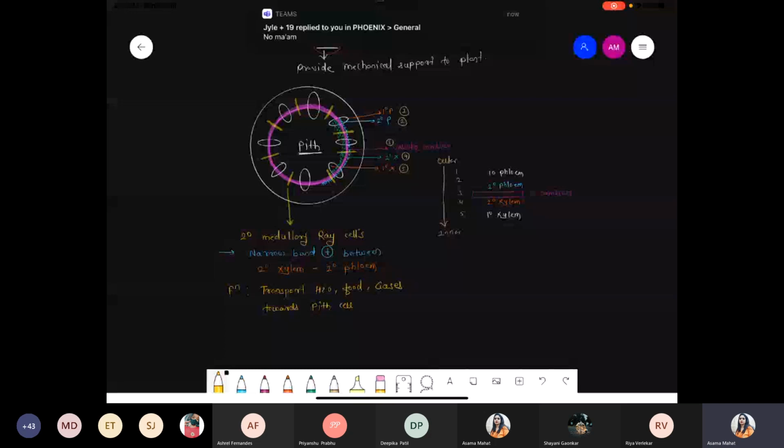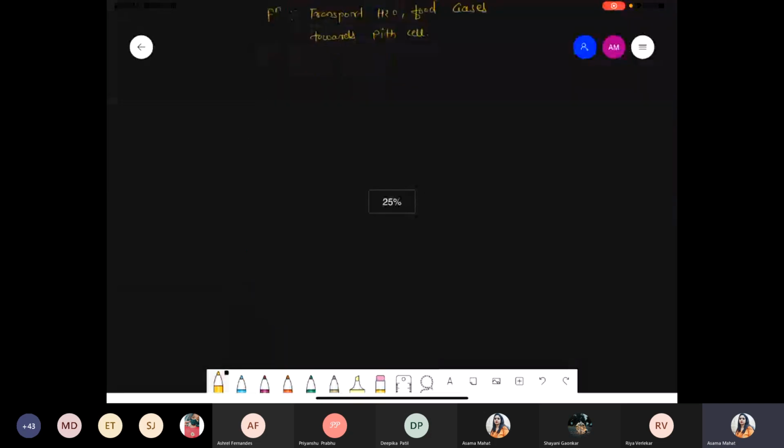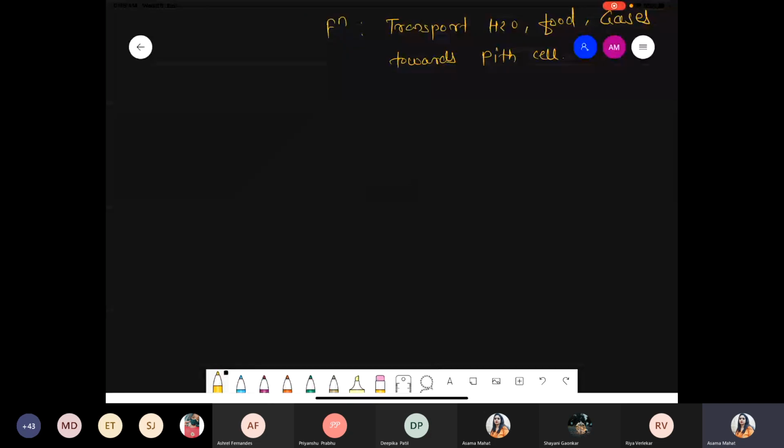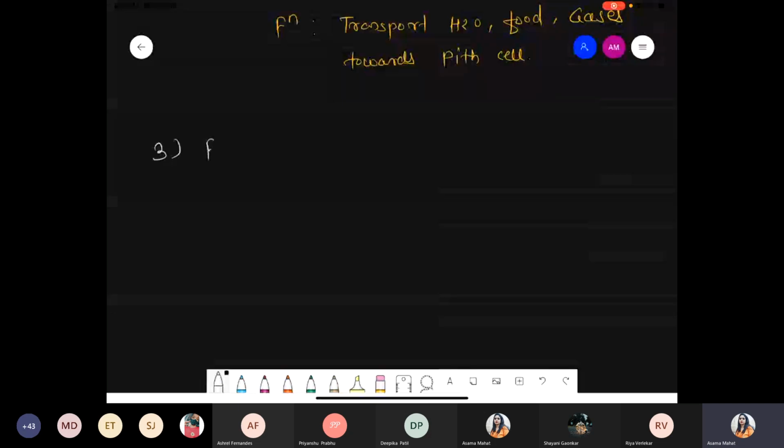Okay, next step we are talking about, the third step. Fate of primary phloem and primary xylem. So third step, fate: what is the future of primary xylem as well as primary phloem?